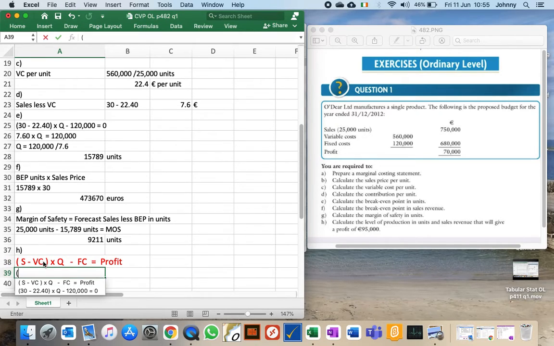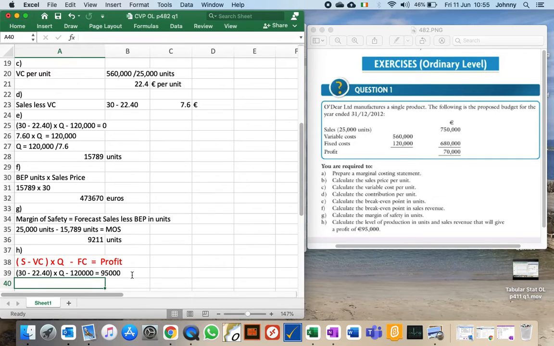So our S is 30, 22.40 is our variable cost, times Q, so we're looking for quantity, minus 120,000 equals, and it says to get a profit of 95,000. When we used it before, it was a profit of 0 because we're looking to calculate break-even.